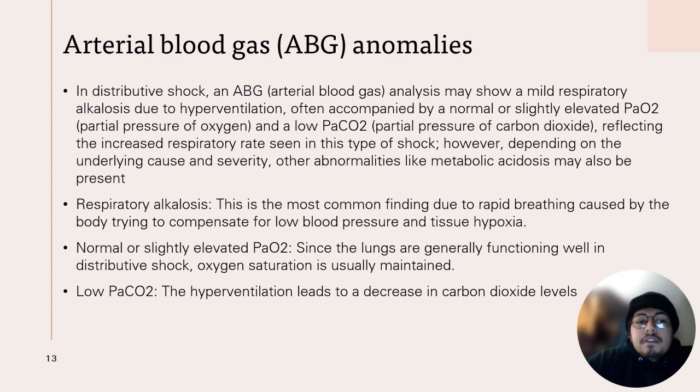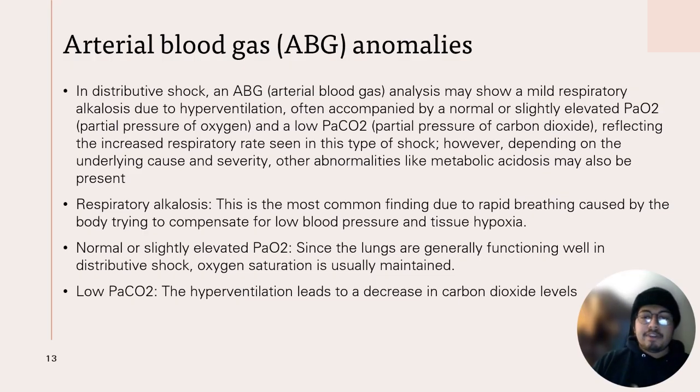ABG anomalies you will see in distributive shock would be a mild respiratory alkalosis due to hyperventilation. It's often accompanied by a normal or slightly elevated PO2 and a low PaCO2, reflecting the increased respiratory rate seen in these types of shocks.